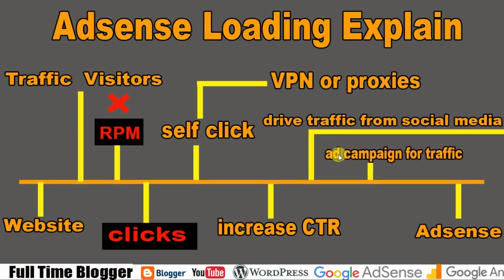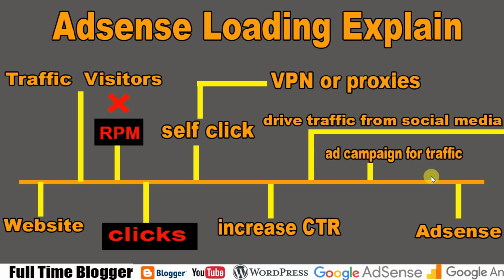Okay, so you have to run ad campaigns also. If your CTR increases, you have to run ad campaigns. There are many ad campaign platforms. I will show you in my next video; in this course, in the next video, I will share everything. So you have to run campaigns, and then traffic will come from the campaigns.